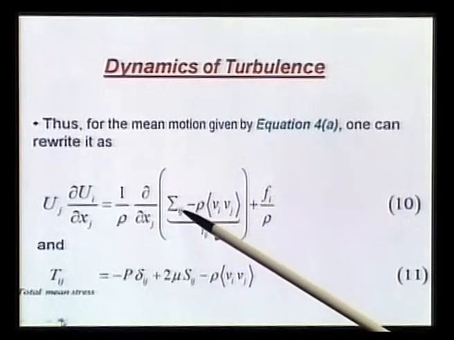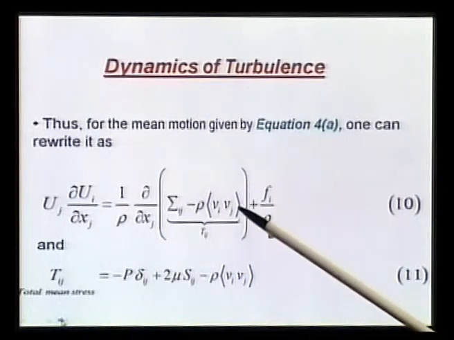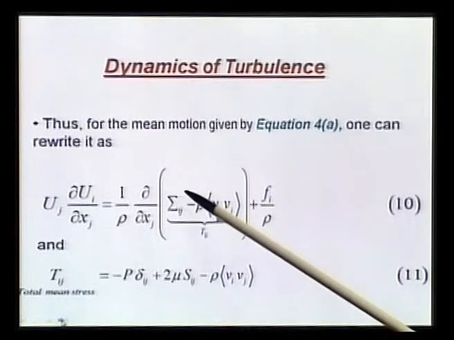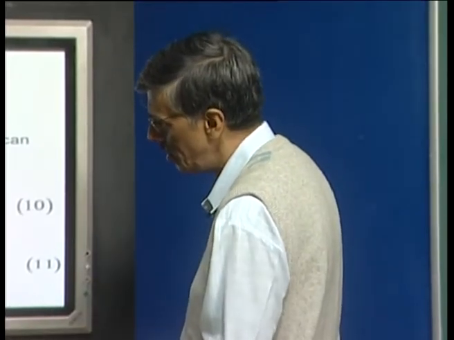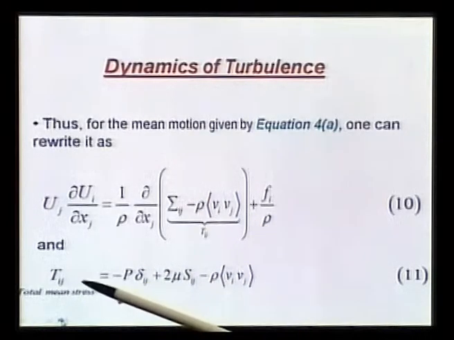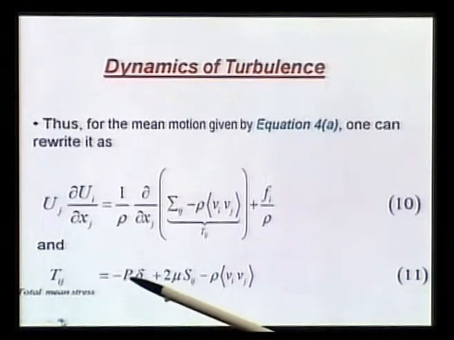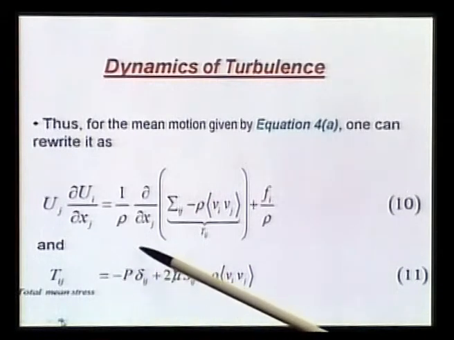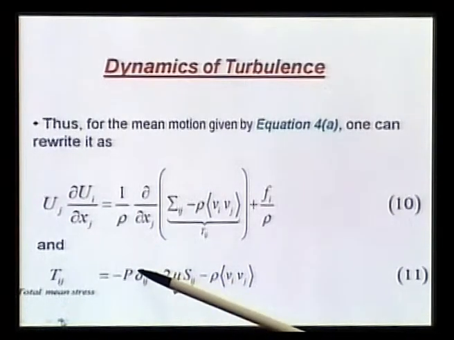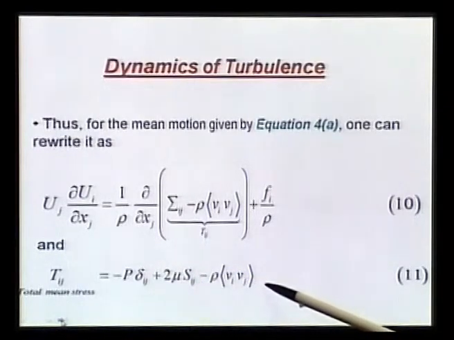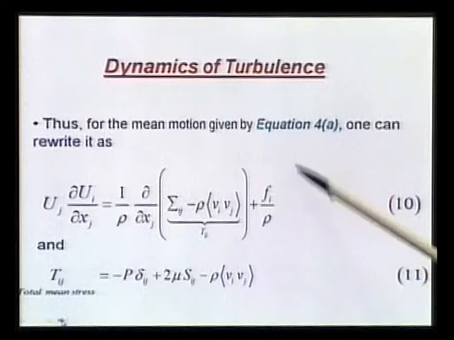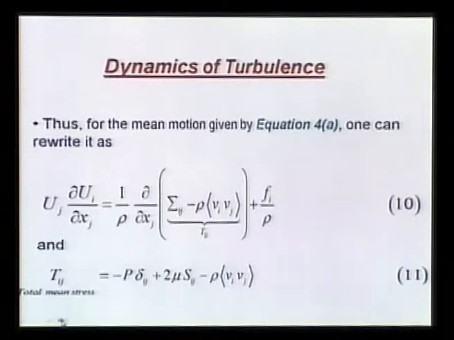Now, please do understand that in writing this term, we have put the Reynolds stress term inside, and this mean stress, these two together, is what we call the total mean stress Tij. Okay. So, this is a tensor of rank 2, which is contributed by the hydrostatic pressure, the mean strain rate, and the Reynolds stress. And this is the corresponding body force term that we have. So, this is an alternate way of writing out the RANS equation.